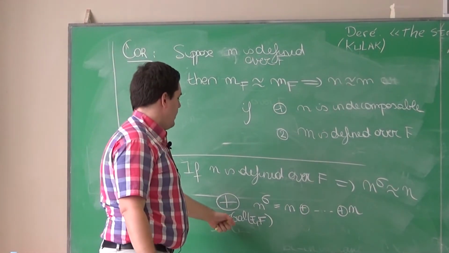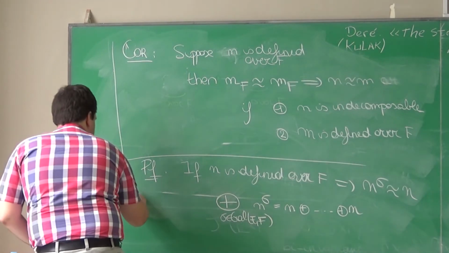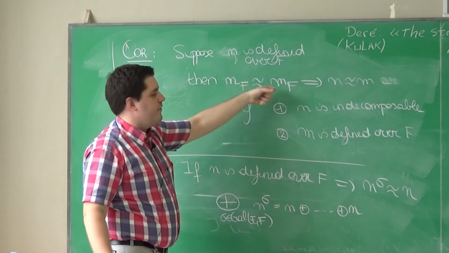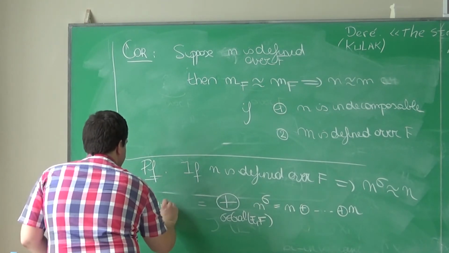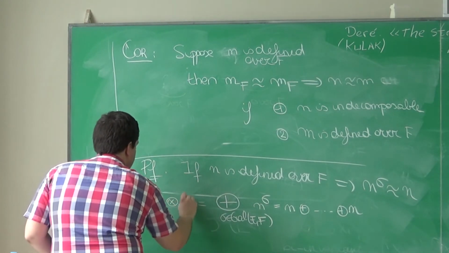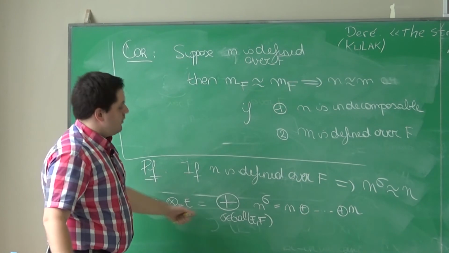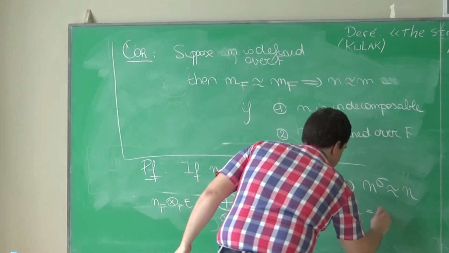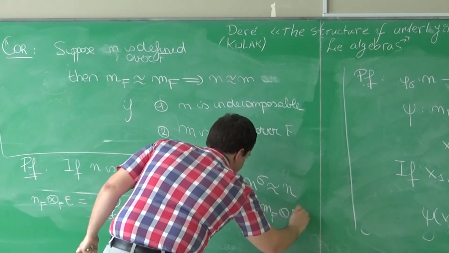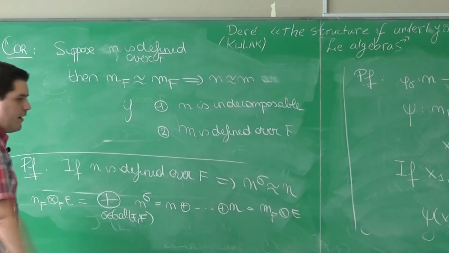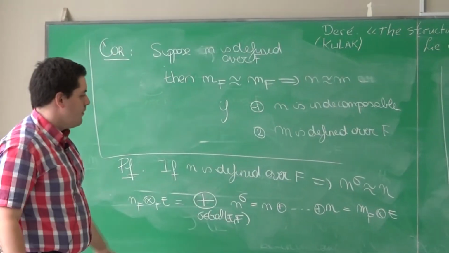And we assume that N_F is isomorphic to M_F. So what is standing here is N_F tensor with E, which is equal to the same thing with M.